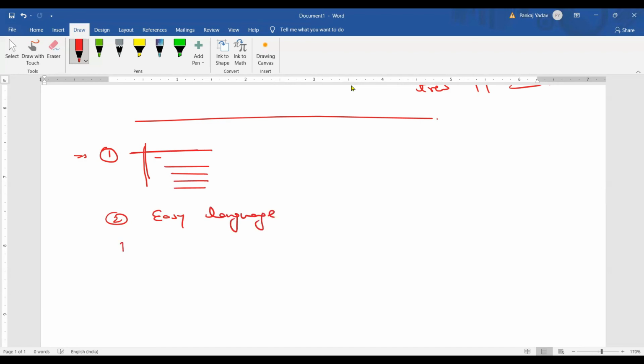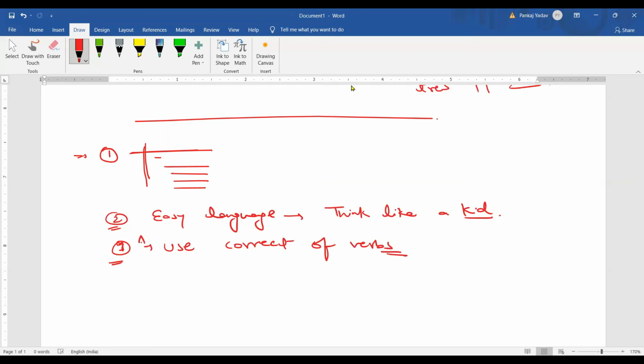Think like a kid. Third thing, और इसमें ही लिख लीजिए आप, think like a kid. Now the third thing you need to take care of is use a correct form of verbs. This is first thing.